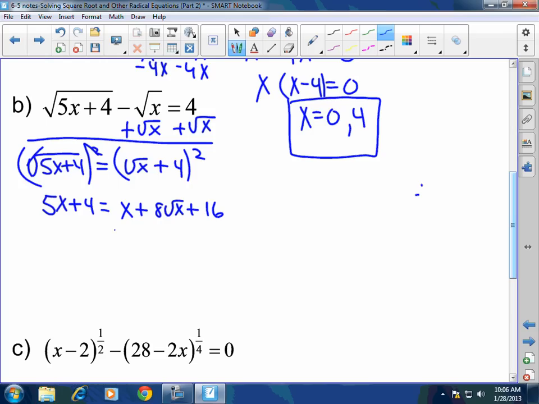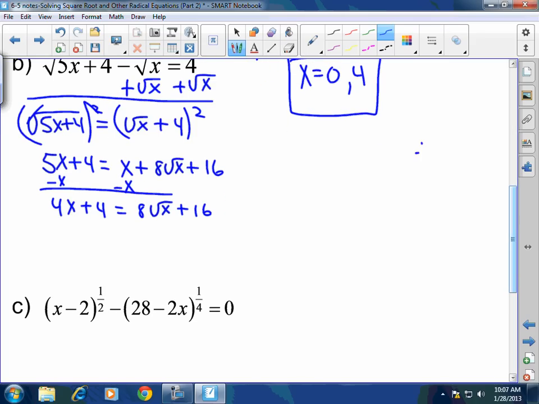Okay, so I'm going to go ahead and subtract my x here. So I've got 4x plus 4 equals 8 times the square root of x plus 16. Let's go ahead and make my life easy. I'm going to factor out a 4 from this guy, making it 4 times x plus 1. I'm going to factor out an 8 from this guy, making this square root of x plus 2.